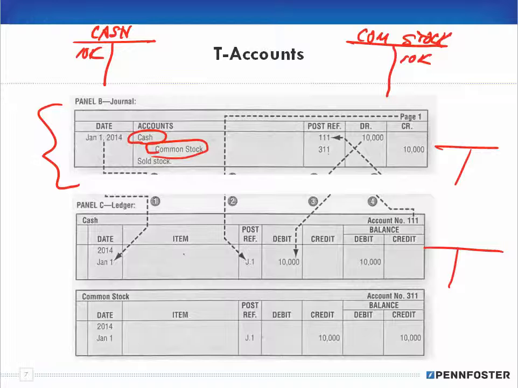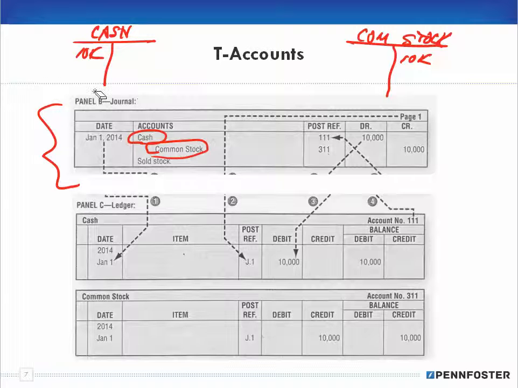But when you have multiple accounts, it becomes a little bit more difficult. And by using the T account, it allows you to understand that your debits still equal your credits, because you're using the T to act as if it's a ledger account. Again, it's a tool. You don't want to take the journal entry and be posting it to your ledger accounts and then trying to analyze your ledger accounts.